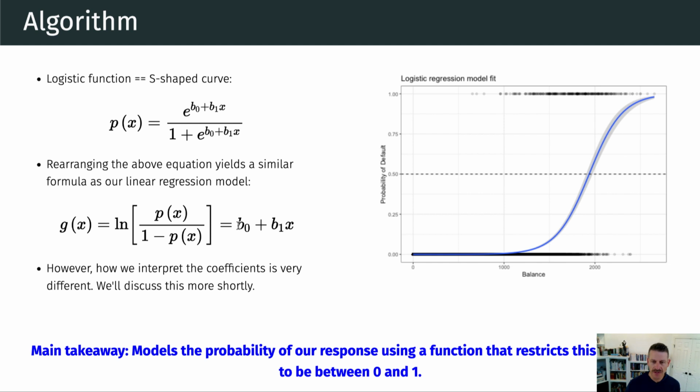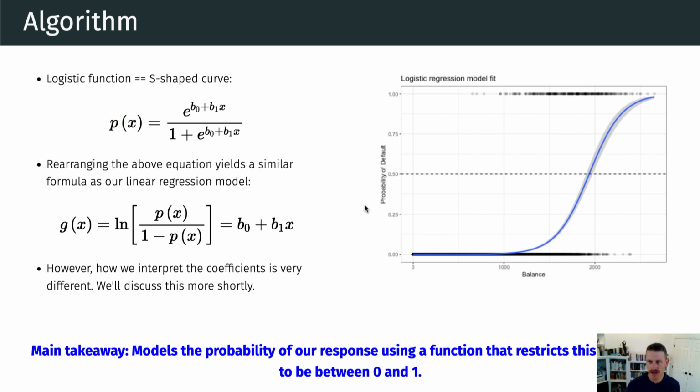The primary difference is how we interpret these coefficients, and we'll talk about that in a little bit. But the main takeaway here is that logistic regression uses a modified algorithm of linear regression, which creates this S-shaped curve.